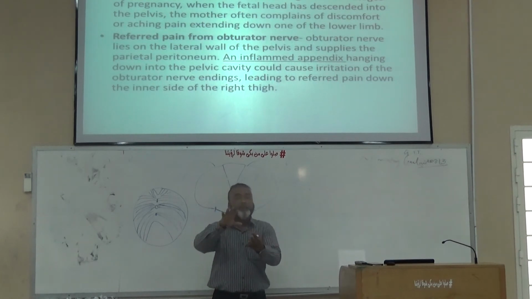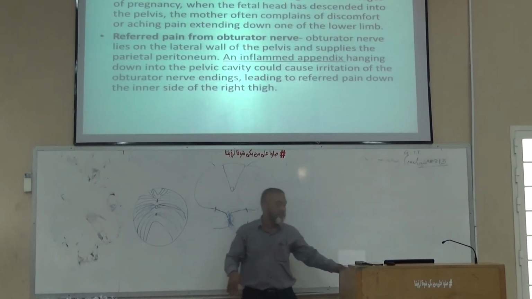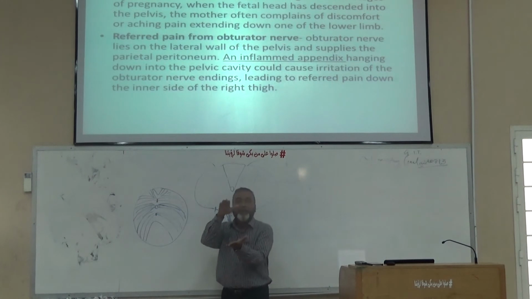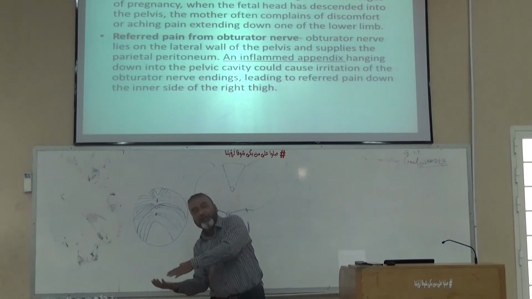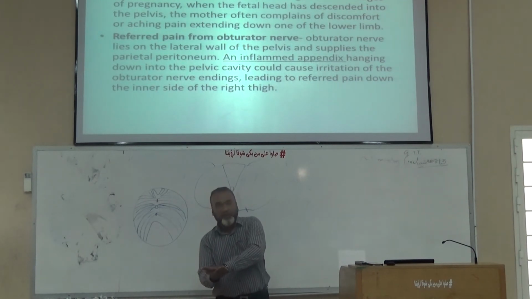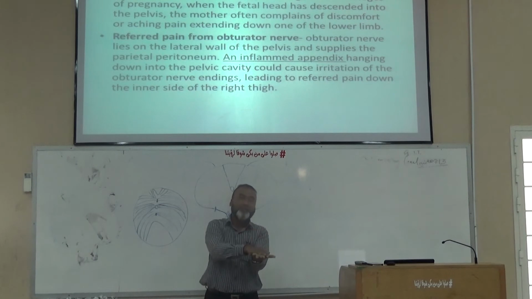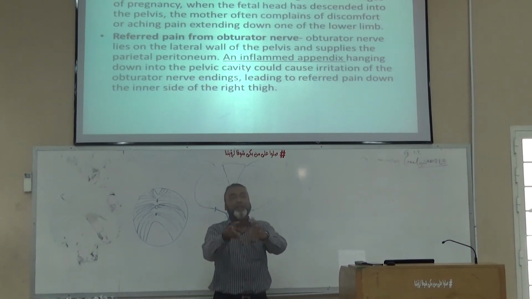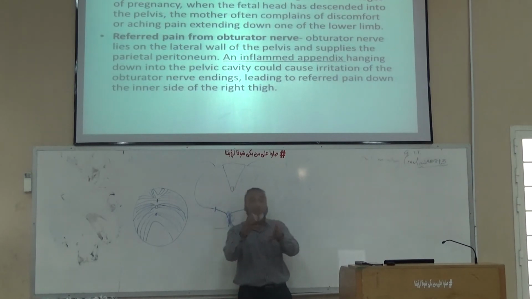Now when the baby is there in the later stages of the pregnancy, when the mother is lying down on the right side, they will have a pressure effect on the right sacral nerves. And when the mother turns towards the left side, they will have pressure on the left sacral nerve. That's why it is advised during pregnancy to the mother not to sleep in a single position.